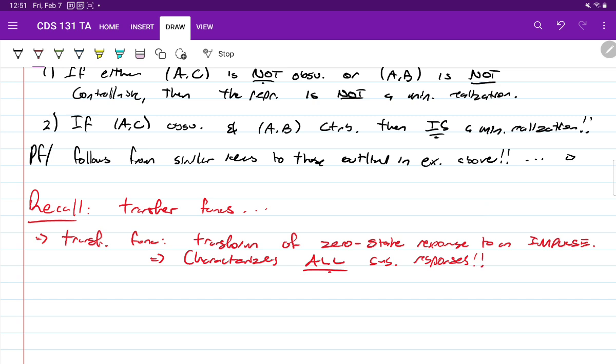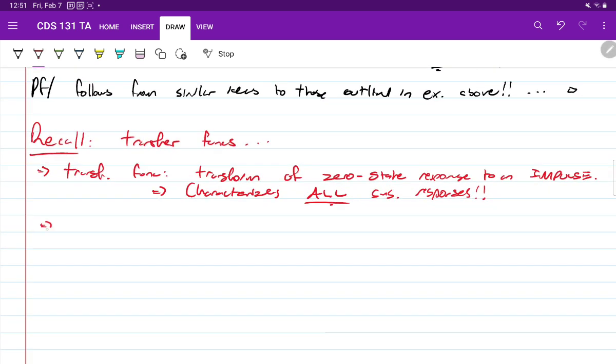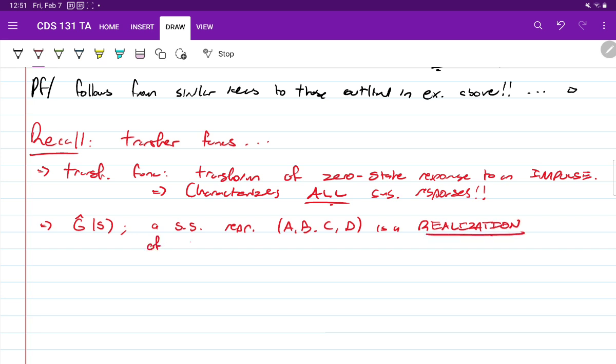Okay? So in this light, it makes sense to talk about a realization of a transfer function. Okay? So if I give you a transfer function g hat of s, then a state space representation A, B, C, D is a realization of g hat if the transfer function C(sI - A)^-1 B + D equals g hat of s.